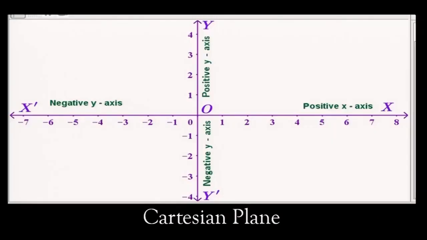The OX direction is called the positive direction of the x-axis, and the vertical upward direction is called the positive direction of the y-axis. OX dash direction is called the negative x-axis, and OY dash direction is called the negative y-axis.